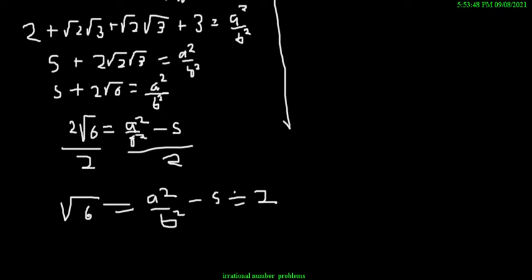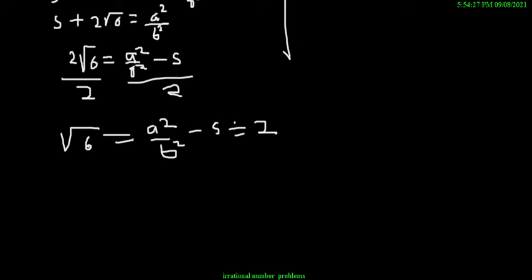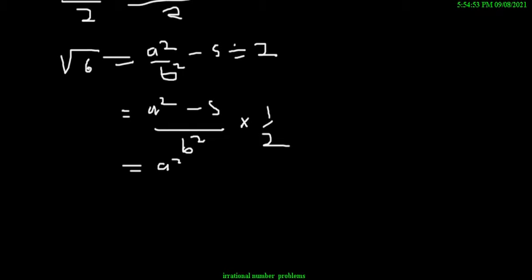This we can simplify: a squared minus 5 over b squared, times 1 over 2, which would simply be a squared minus 5 over 2b squared.